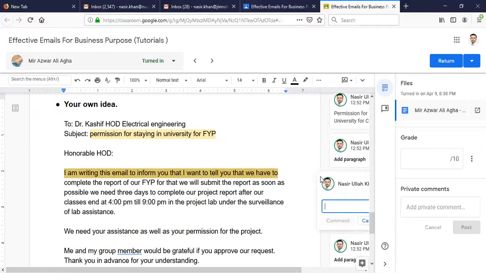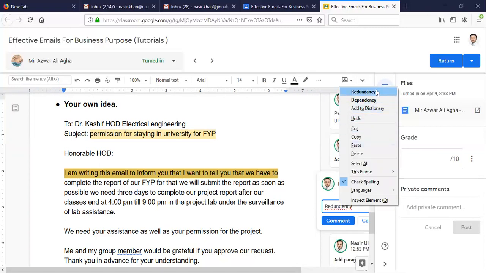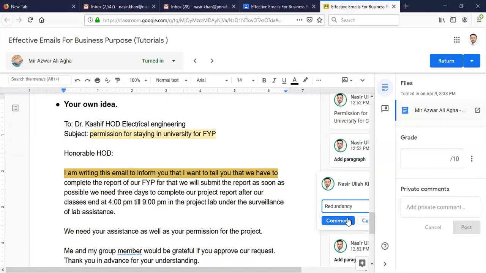So you have said the same thing twice. You can simply say I'm writing this email to inform you, and make it short. Redundancy is there, and because of this redundancy, you have issues. Redundancy issue, as I mentioned.